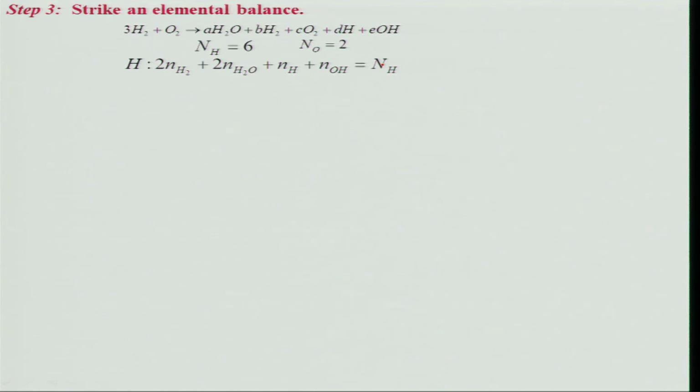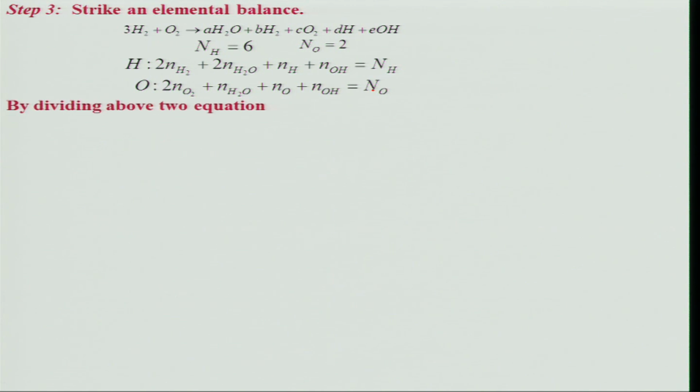If I look at the product balance, all the things I am talking about are in the product wherever it is there. If you look at hydrogen, water, H, OH. Similarly, I will be looking at oxygen: 2NO2, NS2O is there, NO, NOH and N. That means these numbers for reactant and product should match. So, what I will do, I will just divide this by the total number of moles.